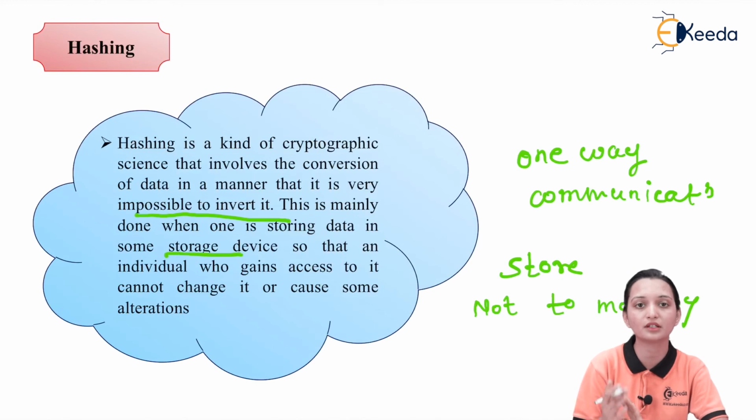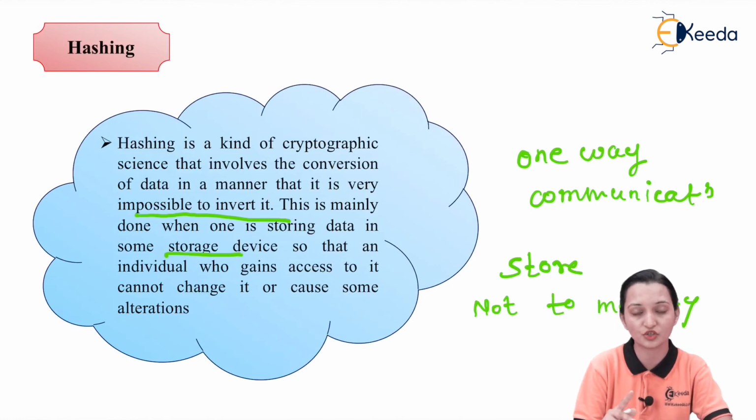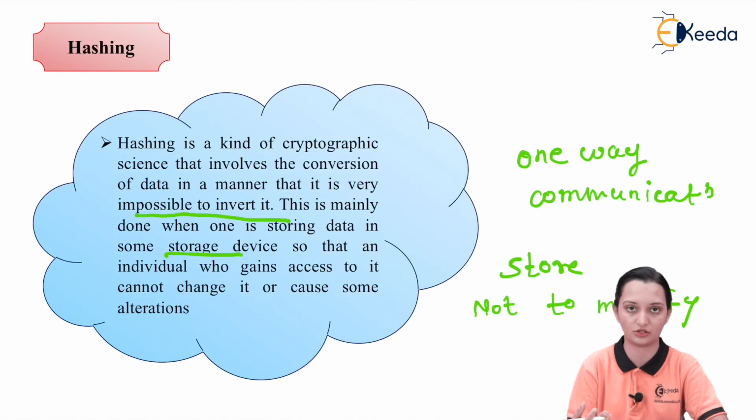Because in symmetric key cryptography, only one key is used. That means sender and receiver both need to use the same key, and that should get exchanged over the transmission. And in this transmission, it may be possible that the key can get hacked by an unauthorized person, and so the transmission becomes more dangerous.